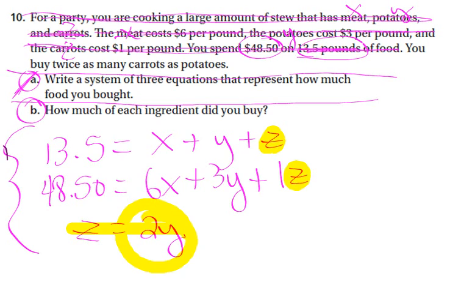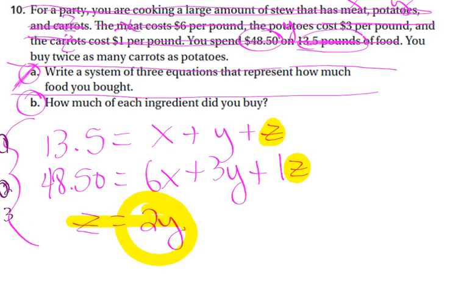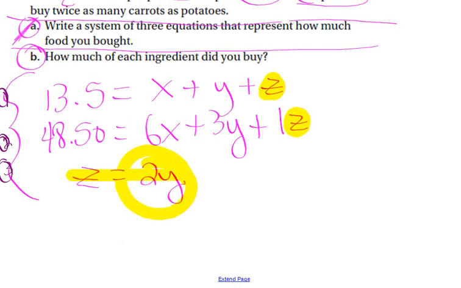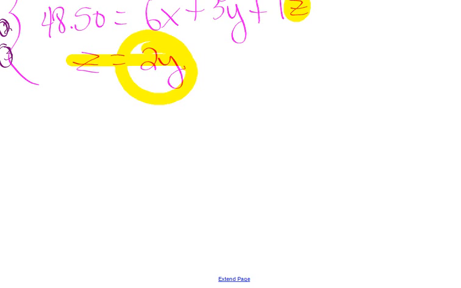So saying this is equation 1, this is equation 2, and this is equation 3. Now we're going to substitute equation 3 into equations 1 and 2 and get 4 and 5 respectively.